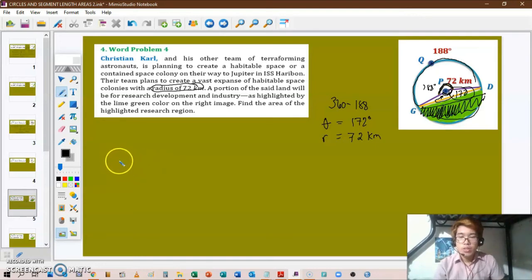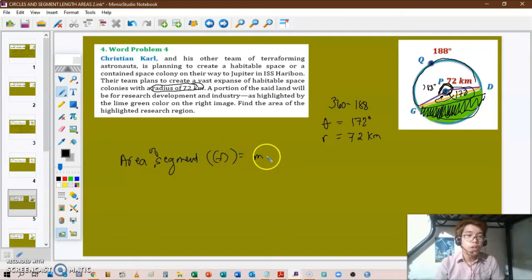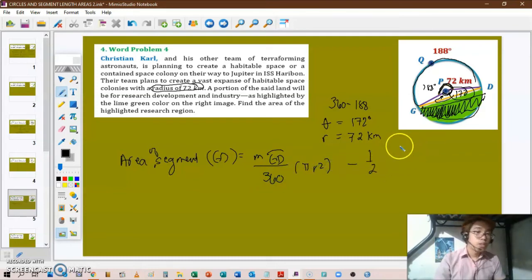The area of segment GD is equal to the measurement of arc GD all over 360 multiplied by the area of our circle, pi r squared, minus the area of the triangle, so that's 1/2 r squared sine of theta, where theta again is the measurement of the central angle.